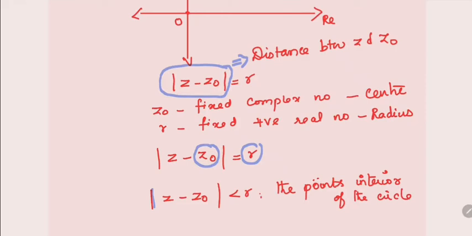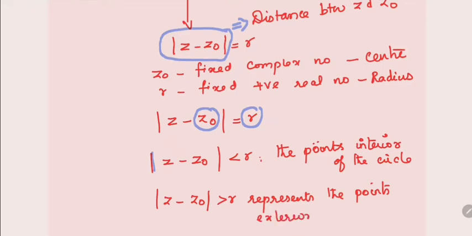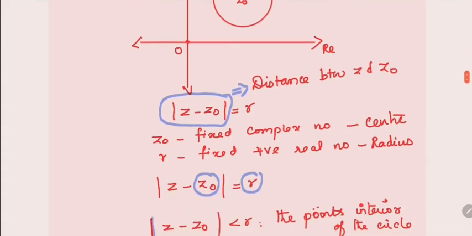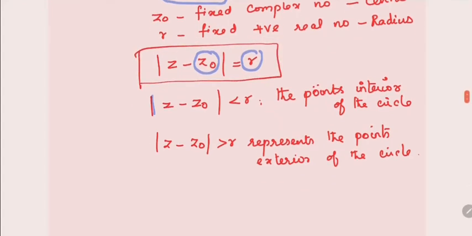Next, modulus of Z minus Z0 is greater than R represents the points exterior of the circle. If it is equal, these are the points on the circle. So this is the equation of the circle in the complex form.